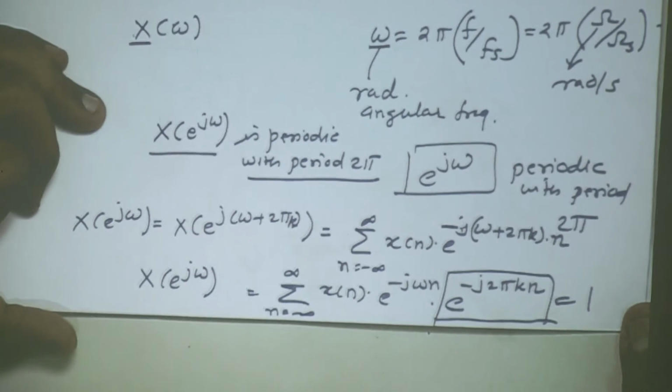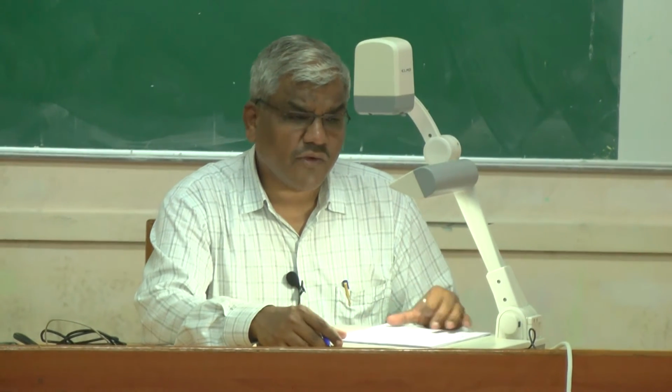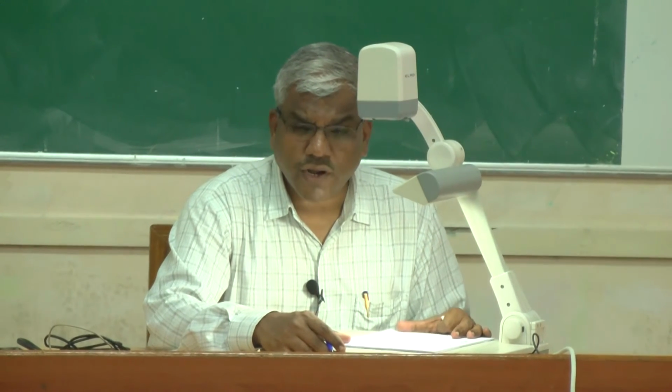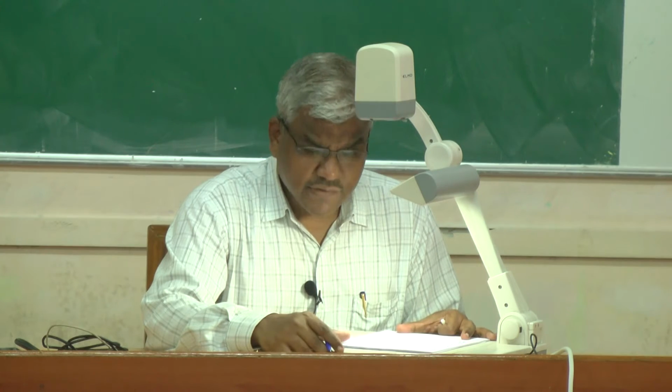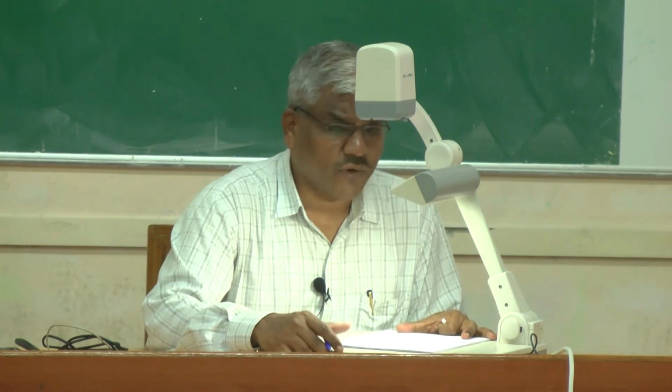The discrete time Fourier transform of any sequence is going to be periodic. There was nothing new in this. You have already studied the sampling theorem, and this is the outcome of the sampling theorem only.